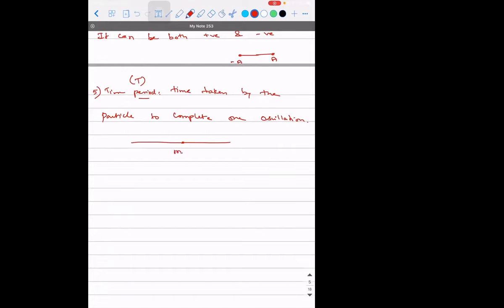Now listen. When the particle goes from the mean position to one extreme and then to the extreme on the other side, when can you say it is one complete oscillation?